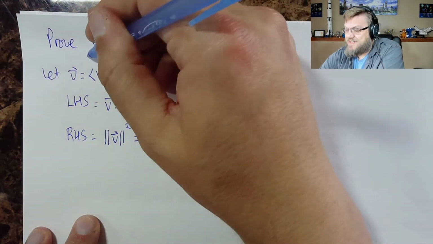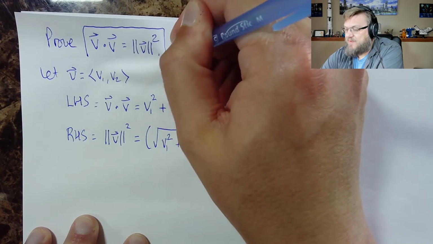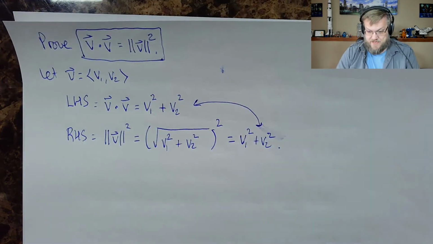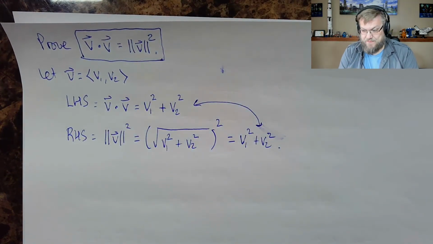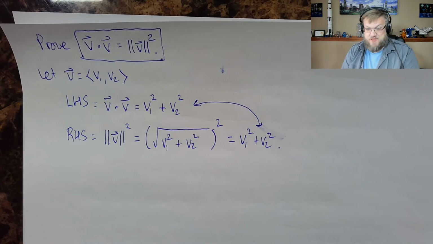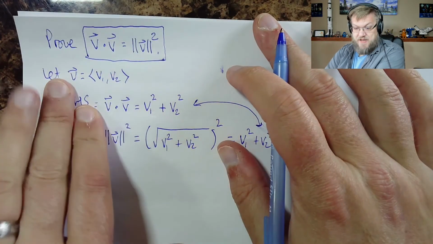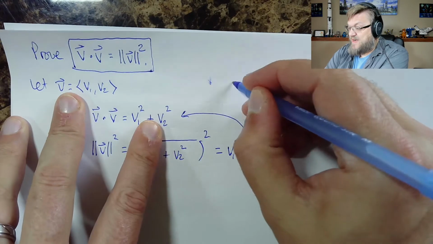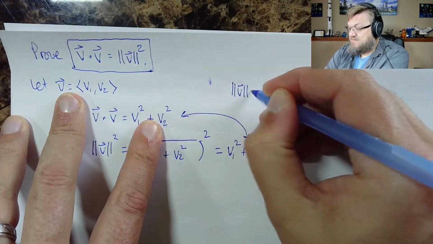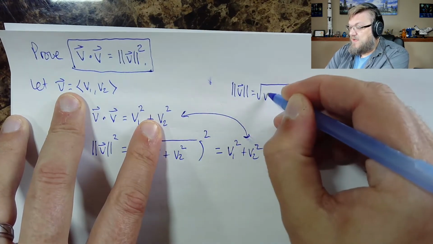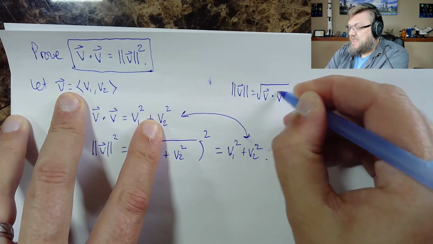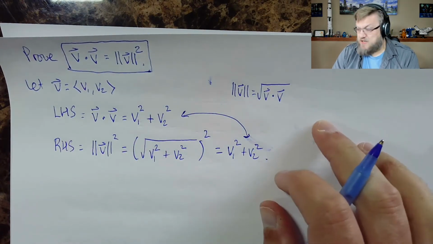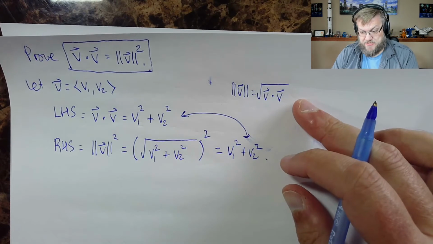We now have the fact that when I dot a vector with itself, I get the magnitude of that vector squared. So that means I have an alternative formula, by the way, for the magnitude of a vector. If I wanted to, I could find the magnitude of the vector to be the square root of the vector dotted with itself. Is that useful? Not usually, because you're doing the same exact calculation as always.